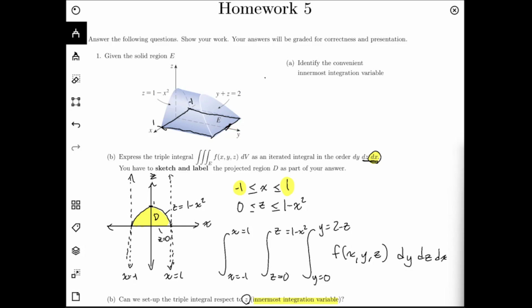Actually, let's rewrite this in terms of y equals 2 minus z, right? When z is equal to 0, then y is equal to 2. So this intersection is 2 right here. Let's go graph this down here.